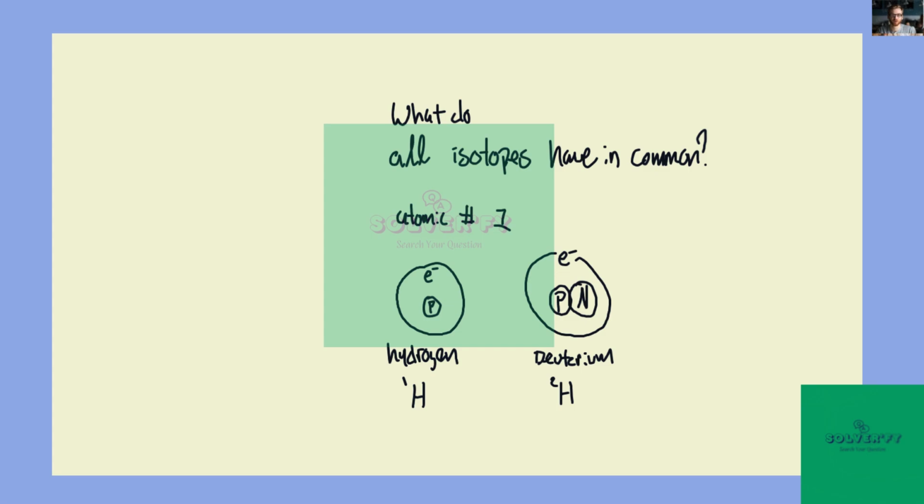Okay, so this is pretty much what isotopes look like. We always have the same number of protons from one isotope to another, otherwise it would be a different element altogether. But we change the number of neutrons.